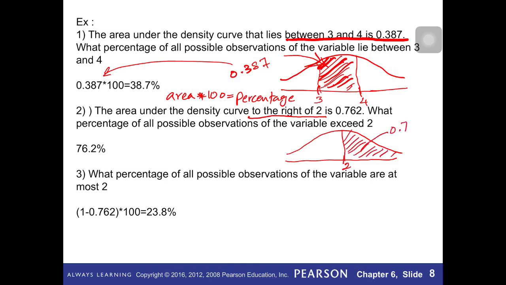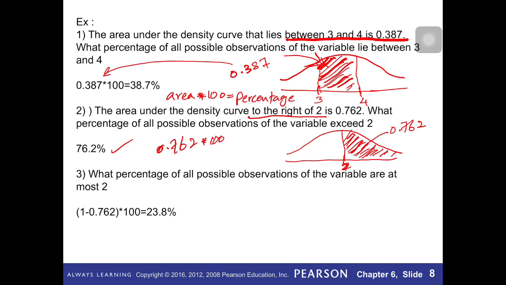This value is 0.762. Got it? What percentage of all possible observations of the variable exceed 2? So the percentage which exceeds 2 is the percentage of this value. 0.762, as I mentioned before, you have to multiply by 100, then you have 76.2. Okay.